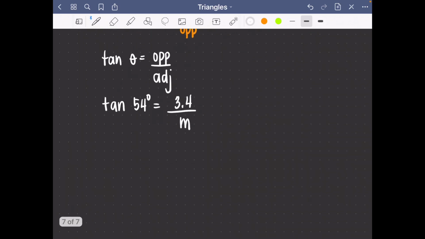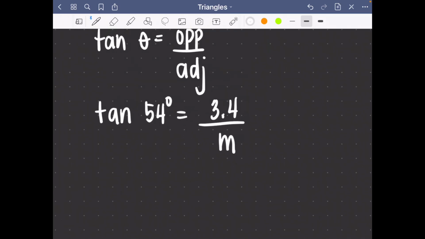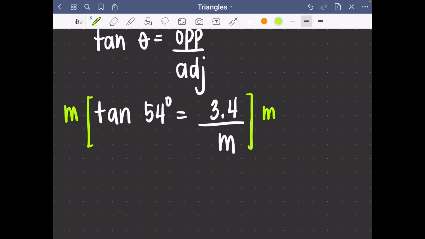Okay, so once you formulate your working equation, you just solve it. So how do we solve it? In this case, we multiply both sides by M. So that M here will be cancelled. So I will have M tangent 54 degrees is equal to 3.4.